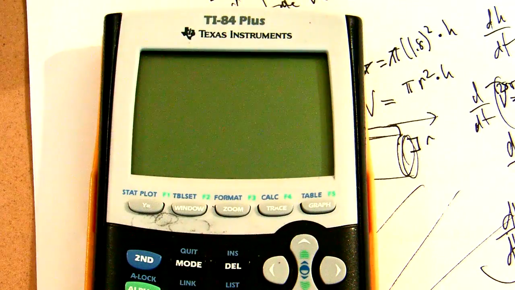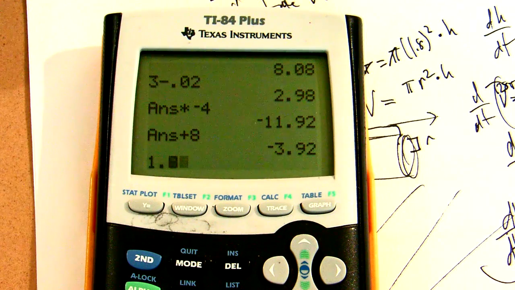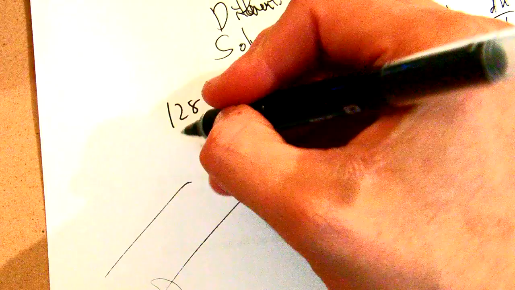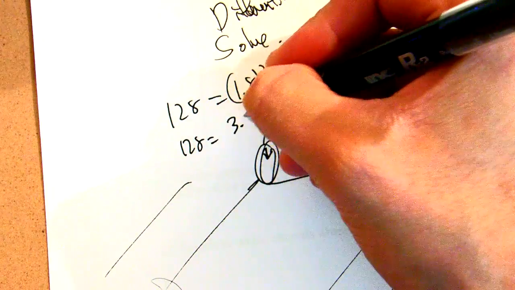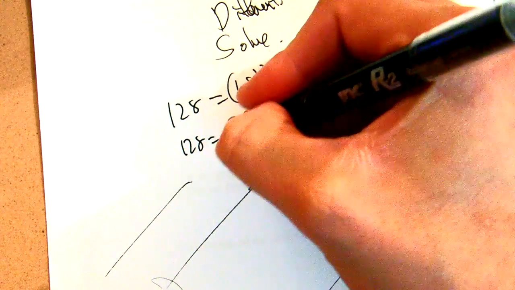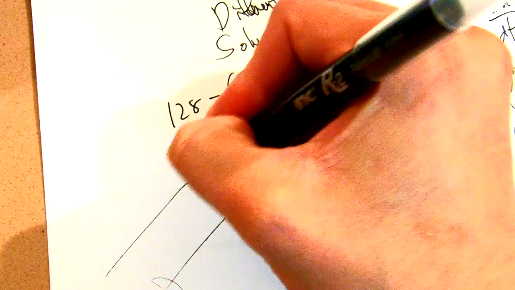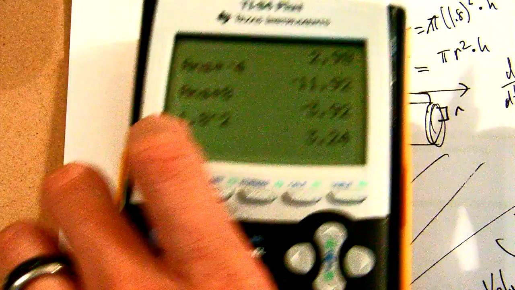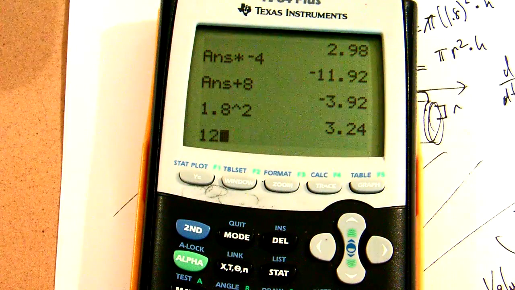Let's go ahead and square 1.8. That's 3.24. So I get 128 equals 3.24h. I divide by 3.24. And h is 128 divided by 3.24.